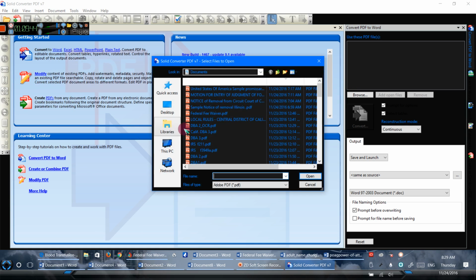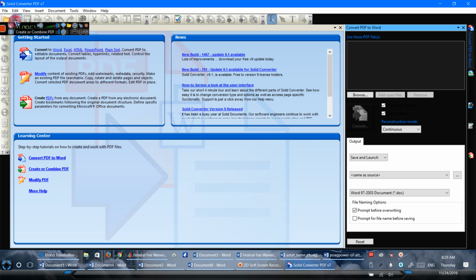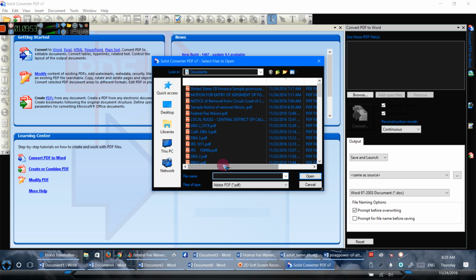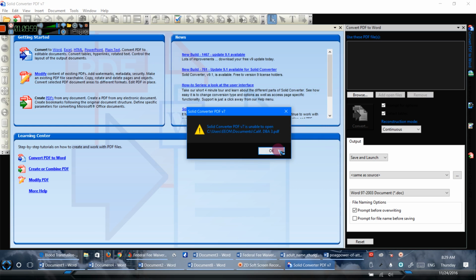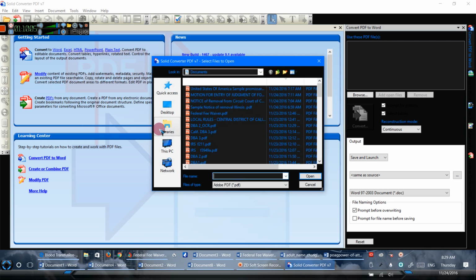Let's open. Well, let's do this one. Nope, it don't want to do that one. That's a document I downloaded from the website of the California. Let's do this one. Nope. I tried to open up a similar document. That's why it don't like that. All right, let's do the power. No, not the notice of removal. We want to do the fee waiver. Fee waiver.